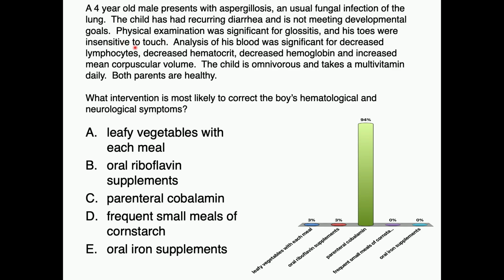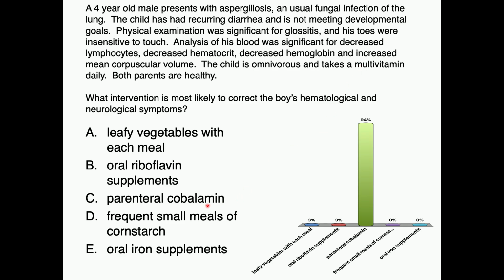So neurological feature. So that's consistent with the pernicious anemia. But he's omnivorous and he takes a multivitamin daily, right? So it's not like he's a vegan or wouldn't have vitamin B12 in his diet, right?